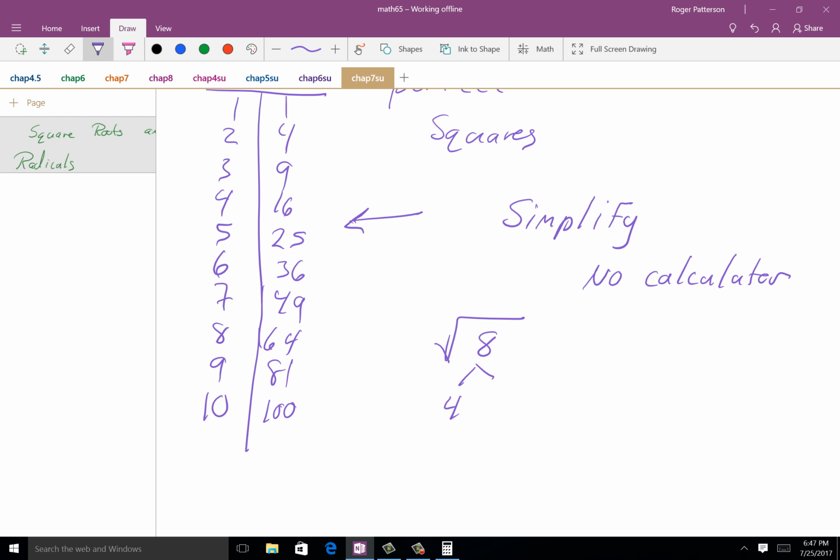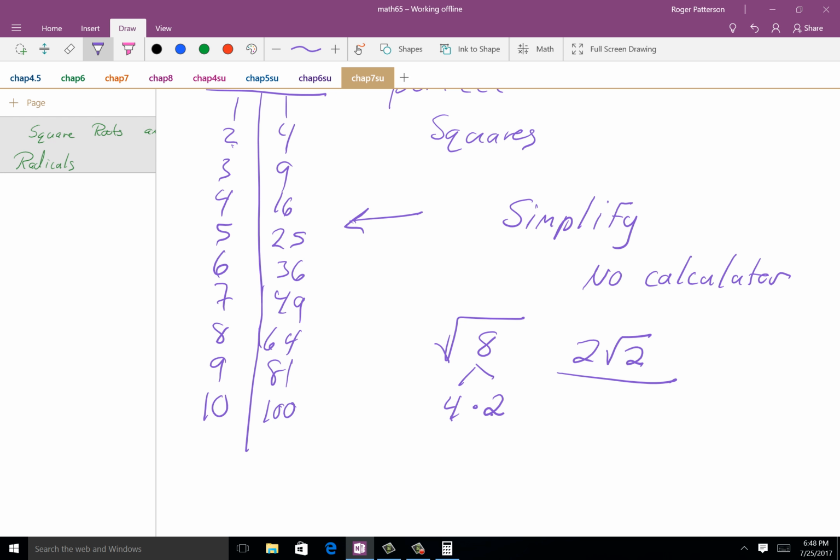So I'm going to break it down into 4 times 2, because 4 times 2 is 8. Now I'm going to take the square root of 4, which is 2. That 2 is going to go on the outside. The square root of 2 I can't do anything with. It stays on the inside. So this is called simplified.